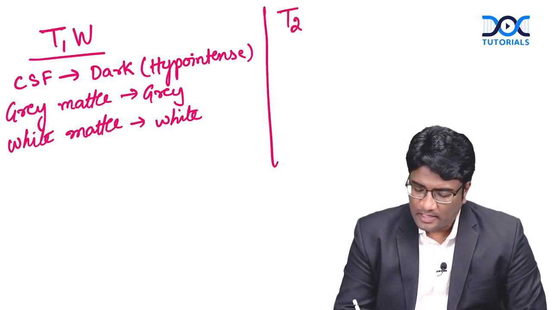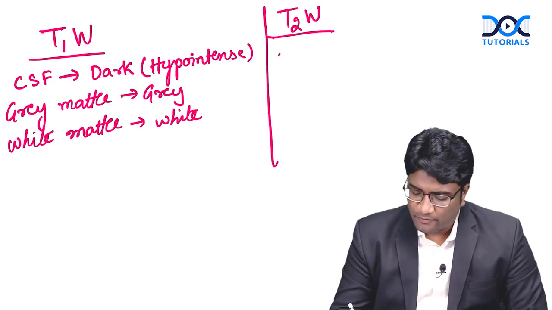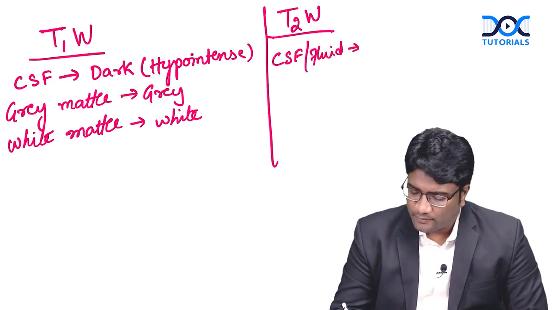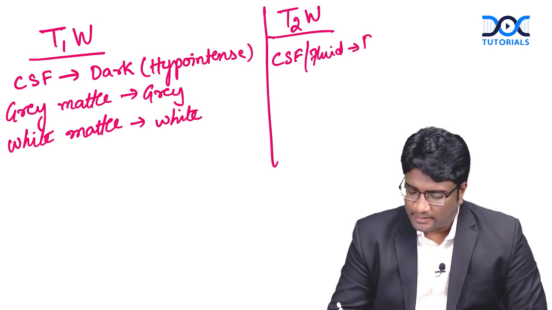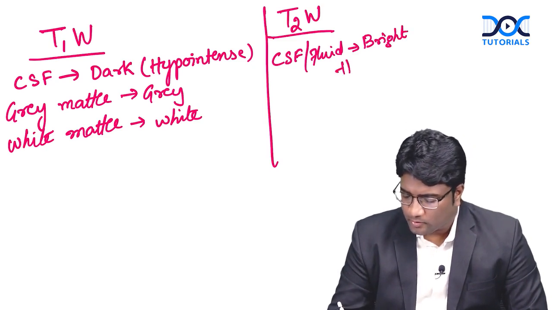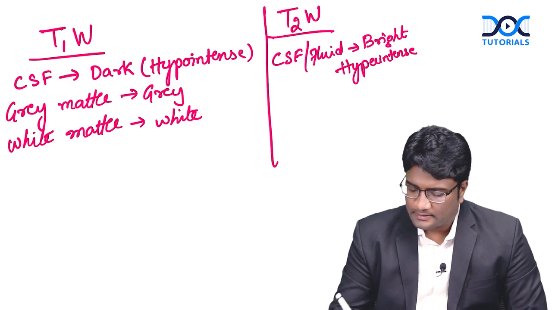Let's understand how T2 weighted images appear. In T2 weighted images, the CSF or the fluid appears bright. We know water is white on T2. So they appear bright or hyperintense. Anything which is white on MRI, you call it hyperintense.